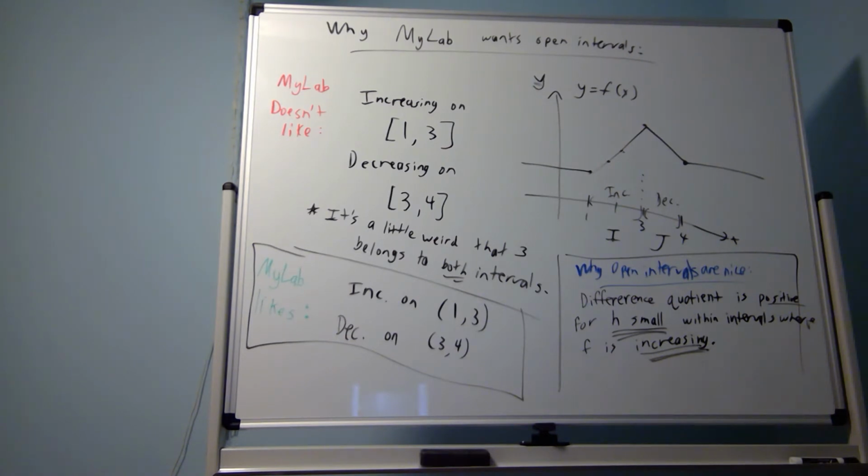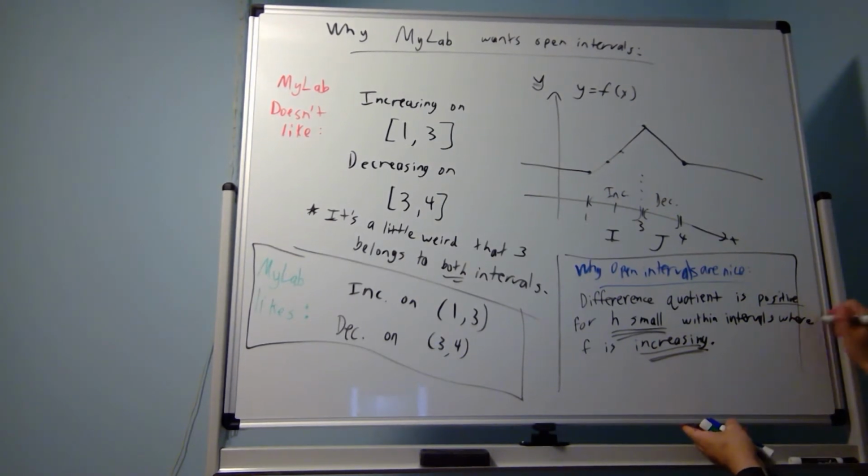That's what the difference quotient does. It takes an x and then a step to the right of what's called h, which we want to think of as a small amount. You take a tiny step to the right and you get an upward slope. Quantifying it in terms of the slope, it's a positive number.